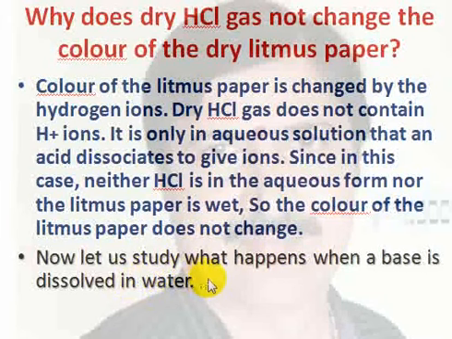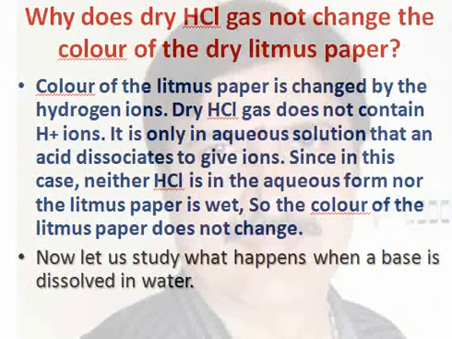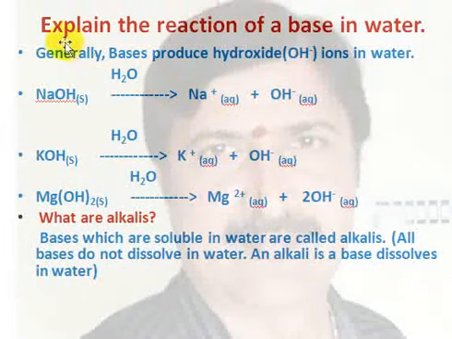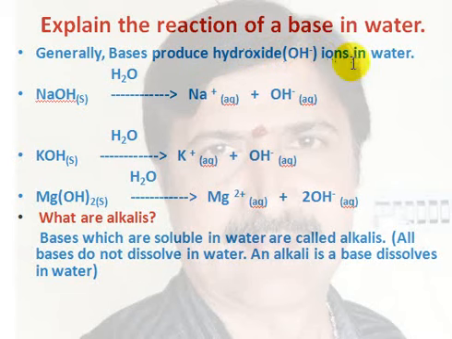Now let us study what happens when a base is dissolved in water. Dilution of the base is the concept of our study. Generally, bases produce OH minus or hydroxide ions in aqueous solution.